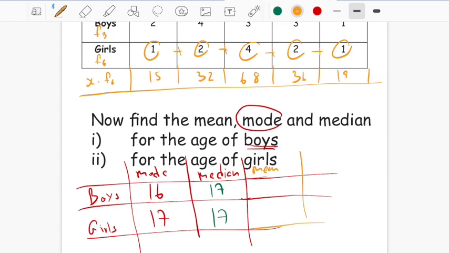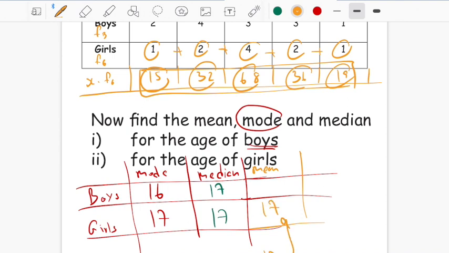So the mean for the girls will be equal to the sum of all of these added together: 15 plus 32 plus 68 plus 36 plus 19, which is 170, divided by the total number of girls. See, the mean here is 17. Then you do the same thing for the boys.